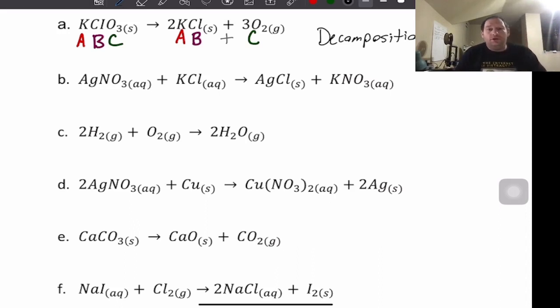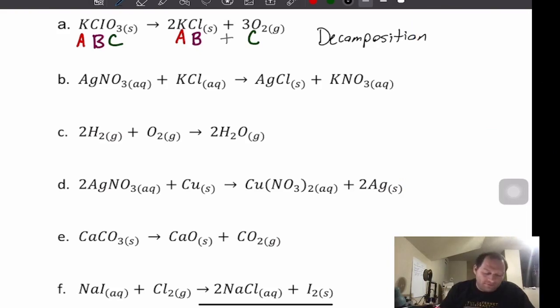Okay, let's go to the next one. And again, my face is in the way. Sorry about that. Again, label it. Ag will be my A. Right hand side, we have an A. My NO3, usually NO3 is going to be bunched together. This is a polyatomic thingy. All right, so we got a B and a B. We have K, potassium.